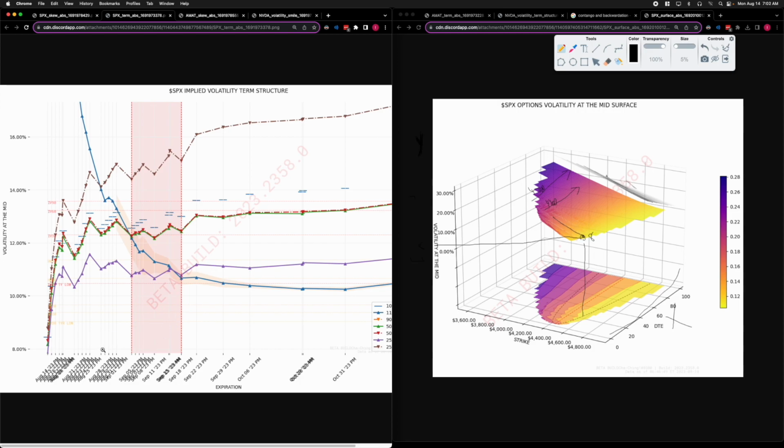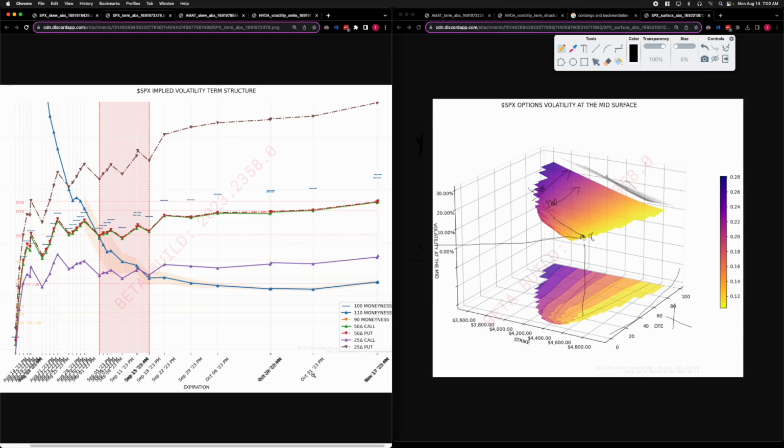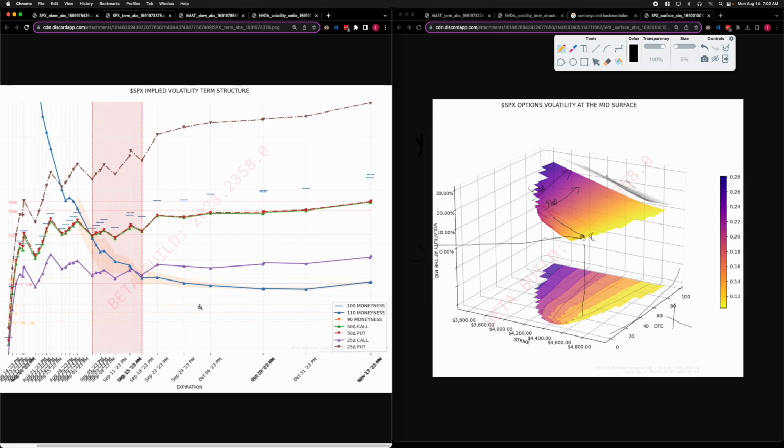So I'll get a similar behavior in terms of the price of my option, even if it's further out, because there's a larger expected move. So essentially something that the term structure is doing, which is kind of hard to do on the surface, is that it is standardizing for delta, right?